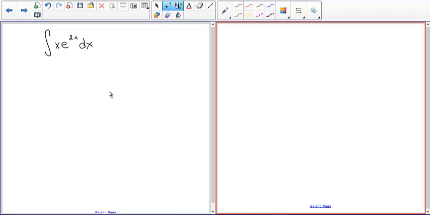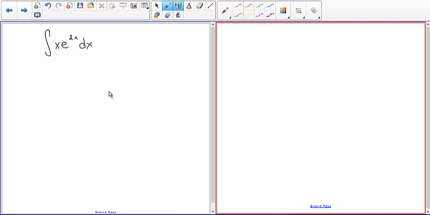Okay, so you have to decide one part to be u, which is x, and then the other part is dv. Just x, not this x right there. You put 2x, so it's not the exponent. It's not like u substitution yet. You're getting ahead of yourself. So this part of the product is u, because the derivative of x is 1, which is simpler.